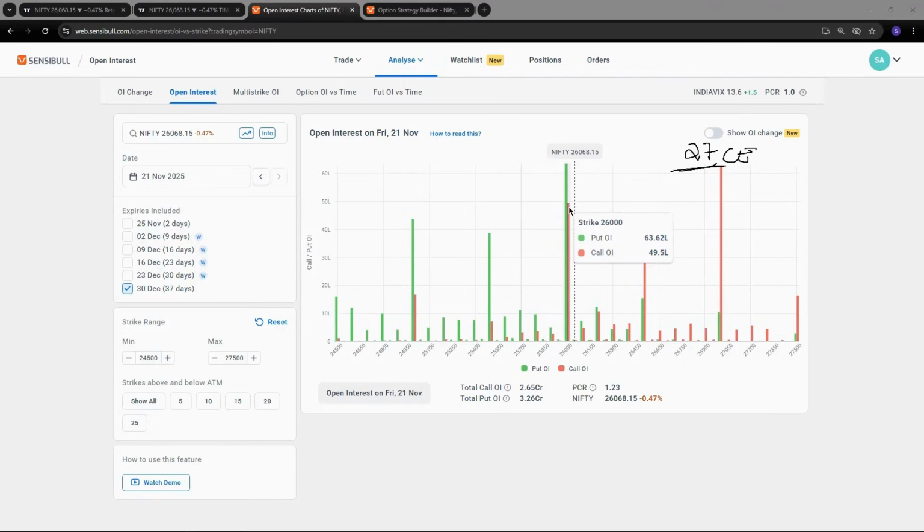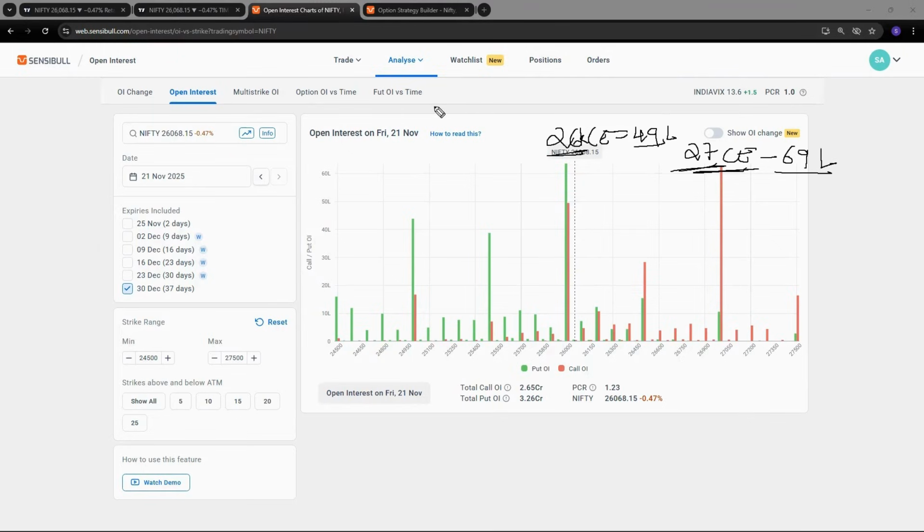But on 26,000, it's only 49.5. You understand? There is a difference. So I'll just mark it here for your better benefit. The 26,000 call option, 26K CE, is 49 lakh. Here 27,000 is 69 lakh.